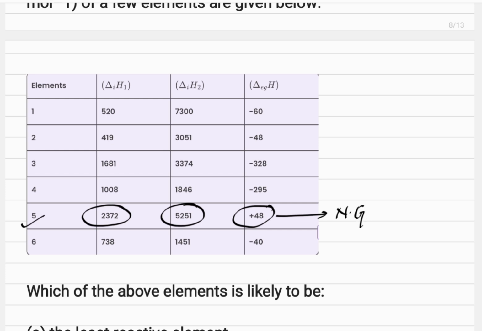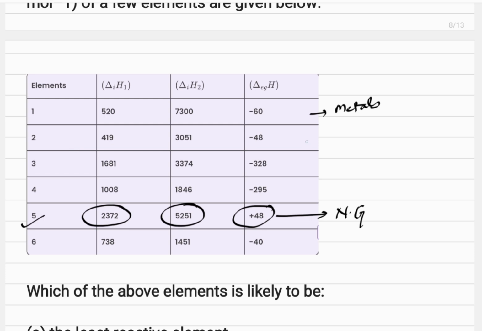The first element has very low first ionization energy, very high second ionization energy, and a small negative value of electron gain enthalpy. That means this has to be a metal. Metals generally have low ionization energies and very low negative values of electron gain enthalpies.